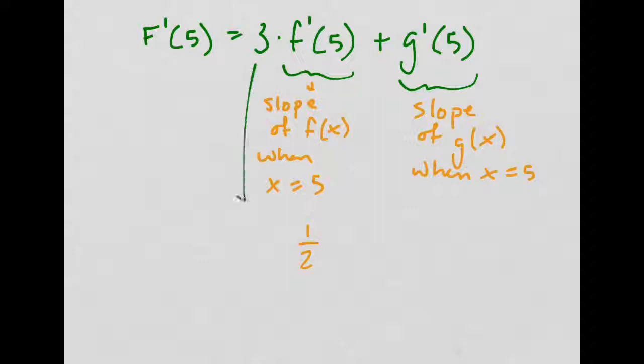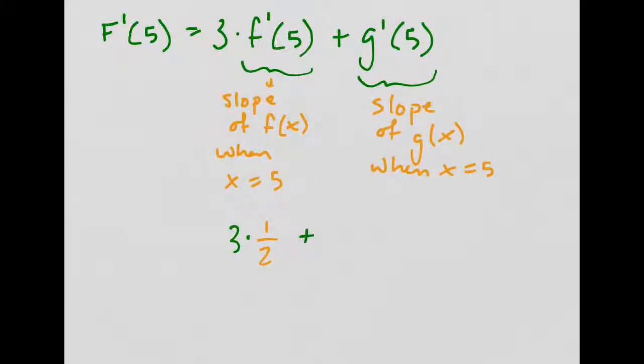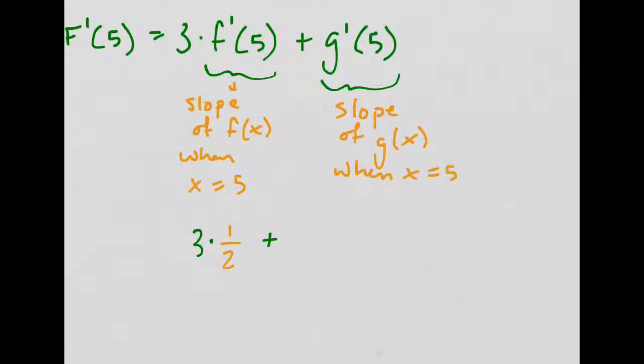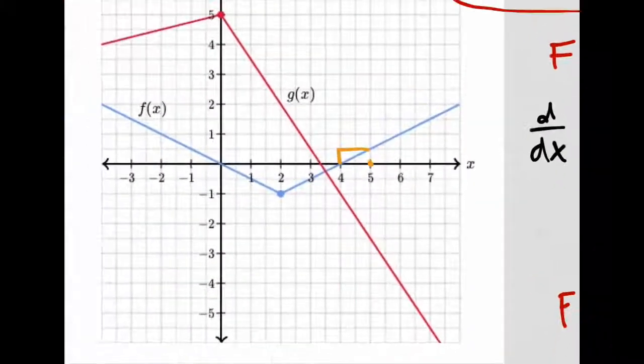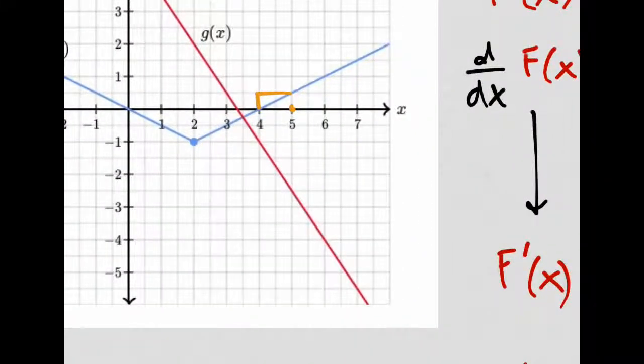I still have this 3 out front. And then plus, what is the slope of g when x equals 5? Well, g of x is the red. And what's this slope here? Okay, that's negative. Negative 1, 2, 3 over 2.